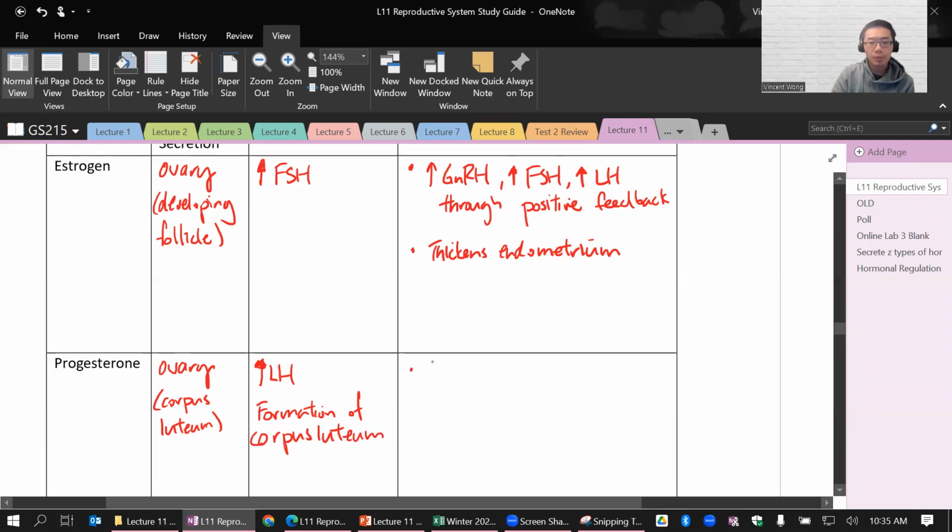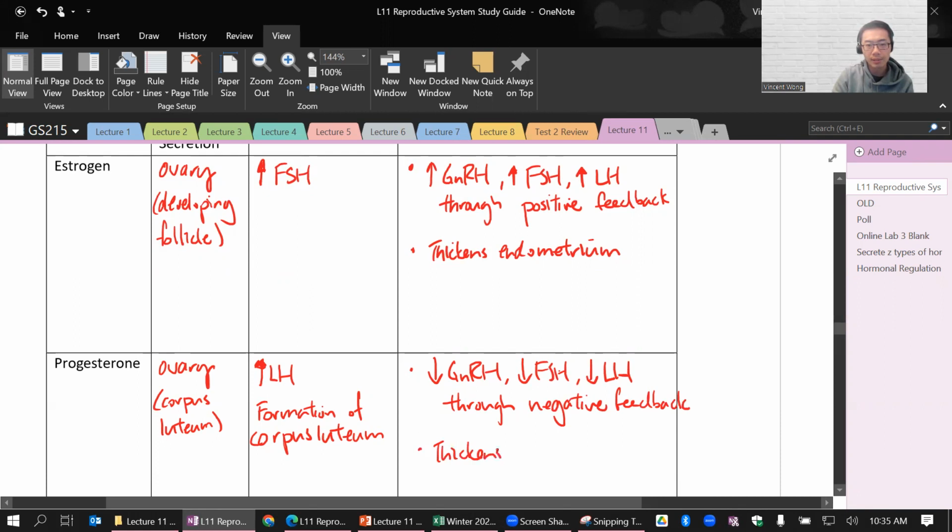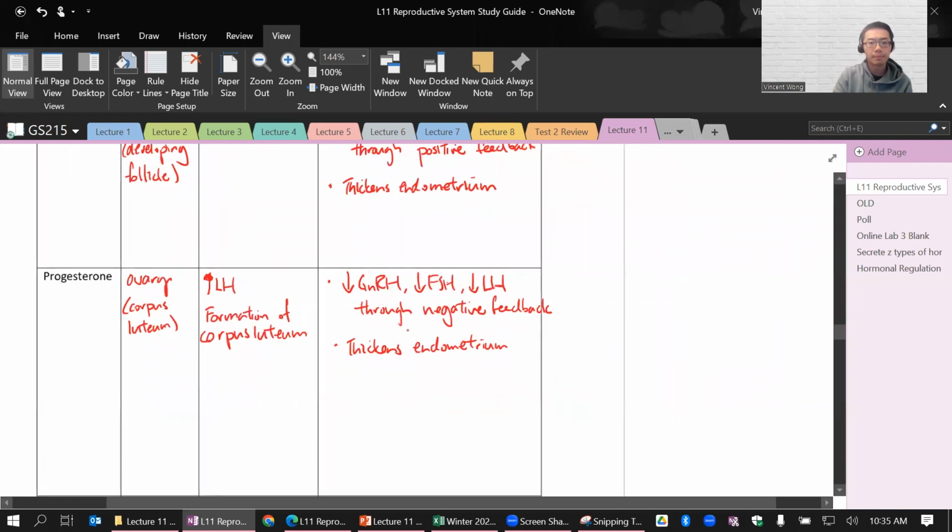And progesterone will decrease GnRH, decrease FSH, decrease LH through negative feedback. And then it will further thicken the endometrium. Okay.